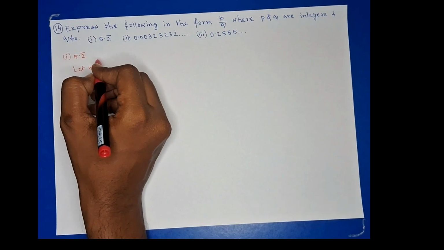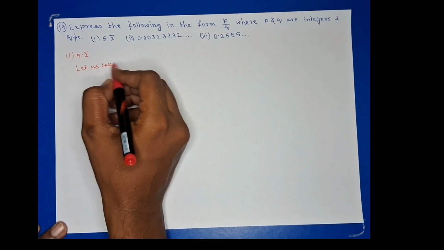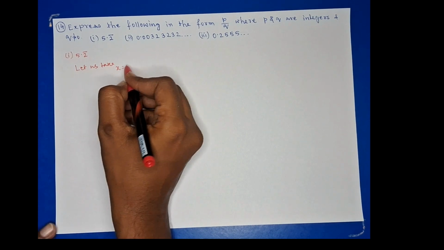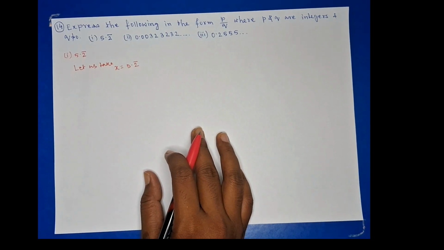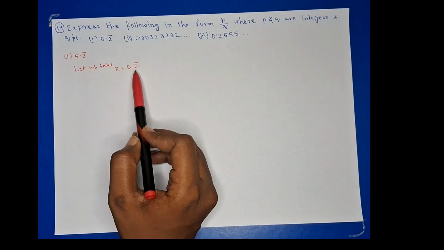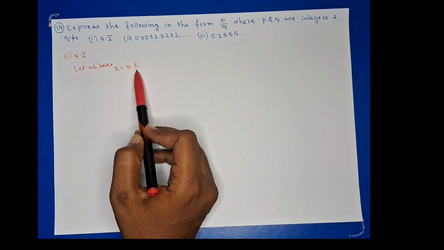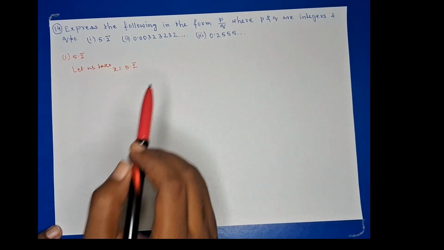Let us take x is equal to 5.2 bar. Now what we are going to do is separate the repeating or the recurring portion of this number. How?